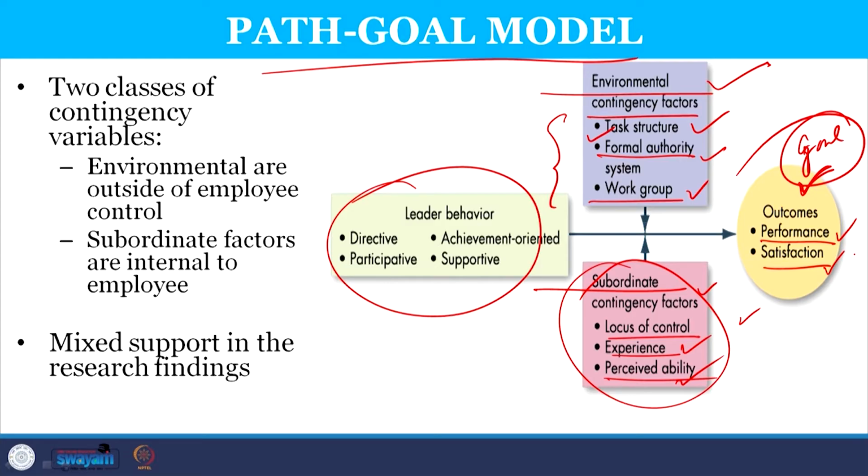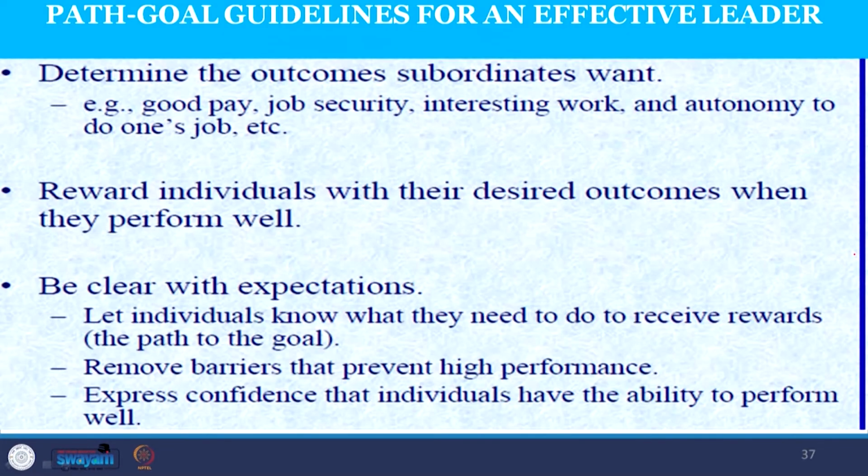The emphasis of path goal theory of leadership is that the leader of course helps subordinates to reach the goal, but the path that the leader adopts is very important while exercising the leadership style. And the path goal theory gives guidelines for an effective leader.